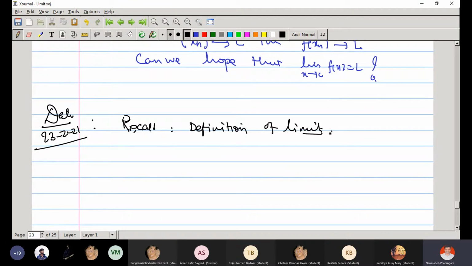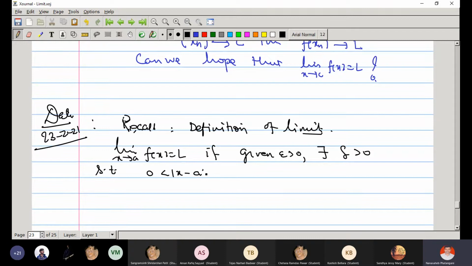Okay, so what we discussed so far: limit of a function at a point. What is the definition? The limit as x tends to a of f(x) is equal to L if, given epsilon, there exists delta such that whenever the distance of x from a is less than delta and x is not equal to a, then the distance of f(x) from L is less than epsilon.